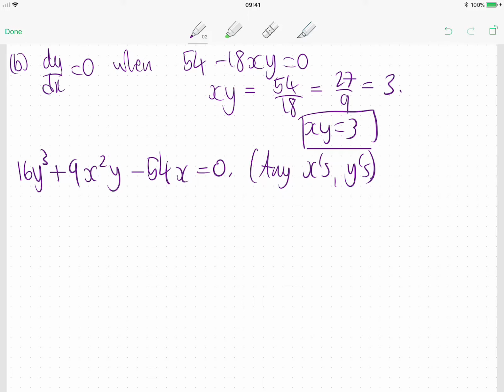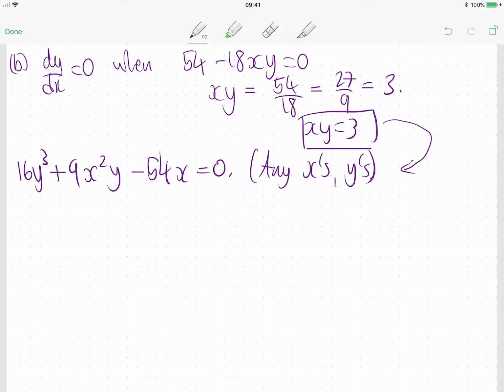Okay, so we need to make some substitution. So we need to decide which variable to eliminate, and then we're going to substitute one of the equations into the other. So I think I'm going to eliminate the x's. I've just got a feeling that's going to be a bit easier.